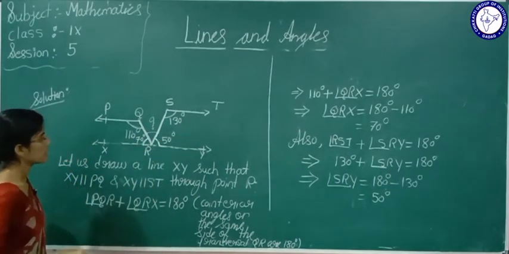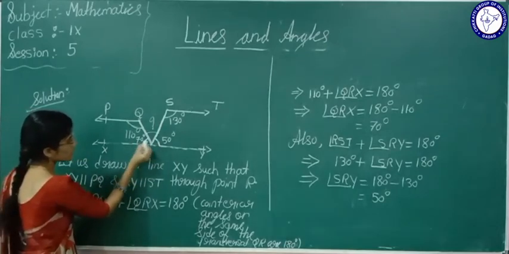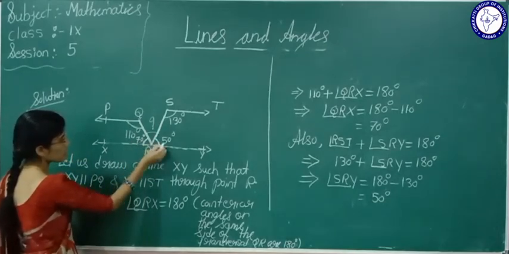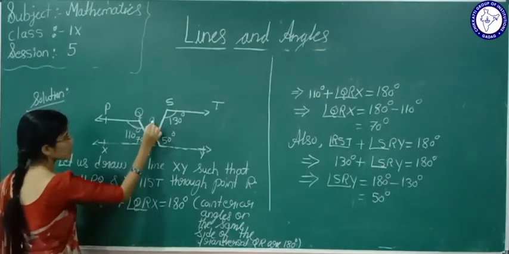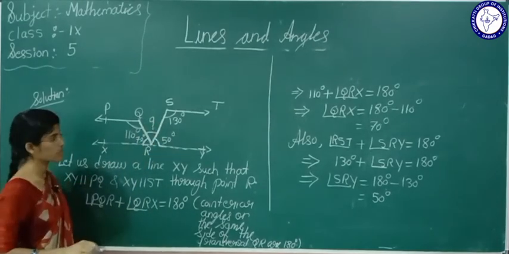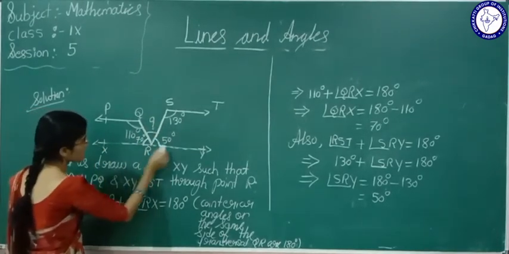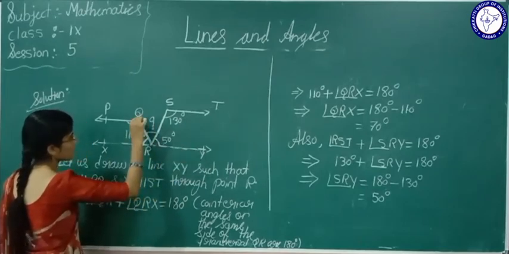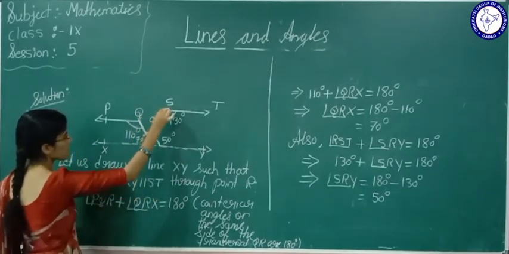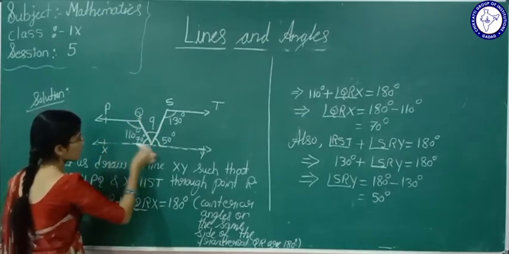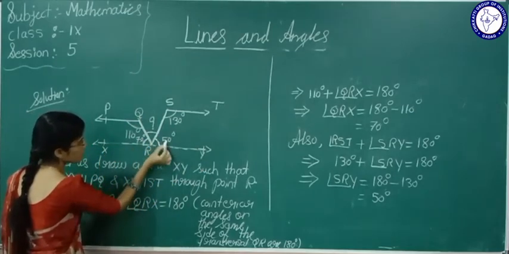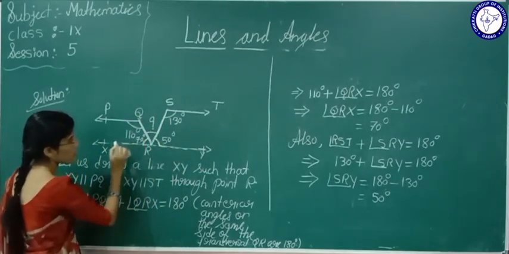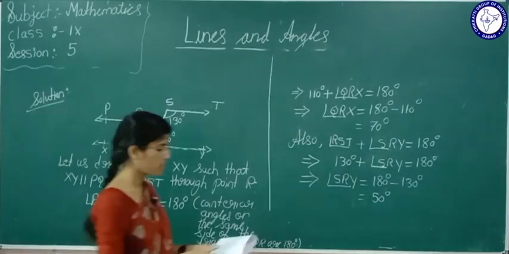Now when we know these two values, is it difficult to find out this question mark? No, because XY is a line, and QR and SR stand on line XY, which means the sum of this whole angle will be 180 degrees.